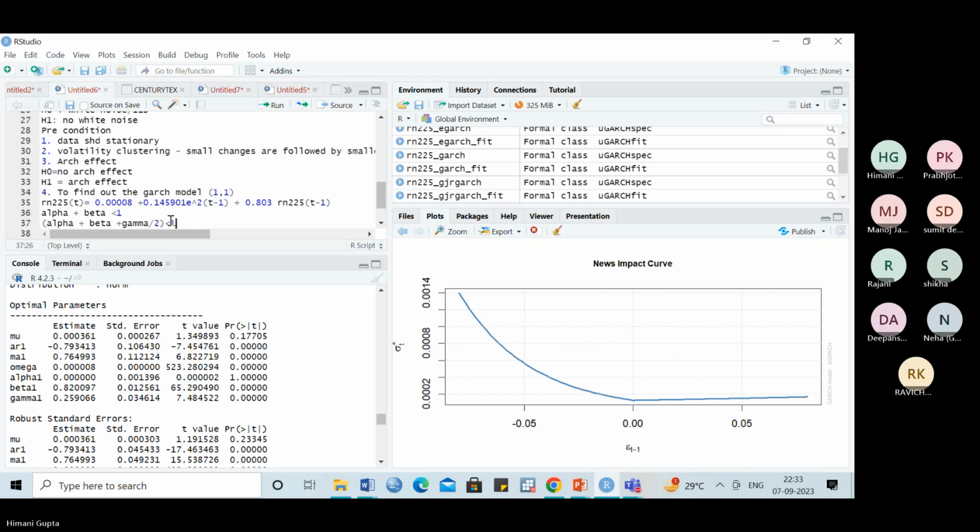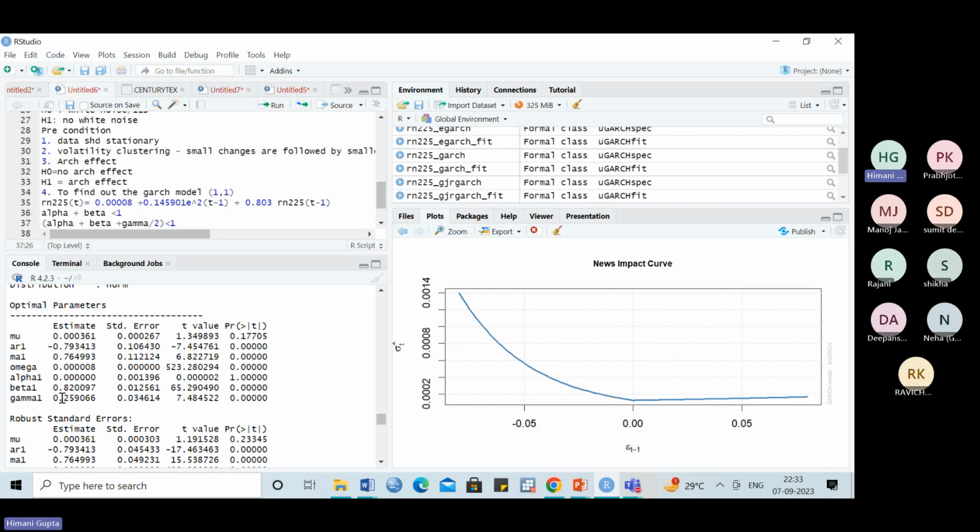Any doubt? Your alpha, beta, and gamma all should be either equal to 0 or greater than 0. In EGARCH, it can be less than 0. If you will remember, we got the negative sign of alpha. But in GJR GARCH, this is a condition that alpha and beta should be more than or equal to 0.